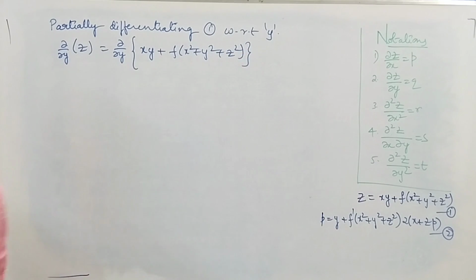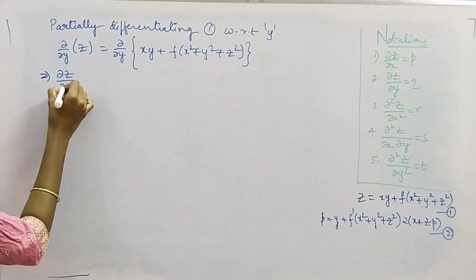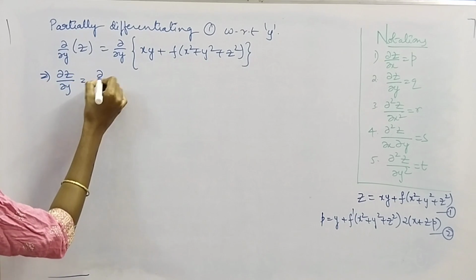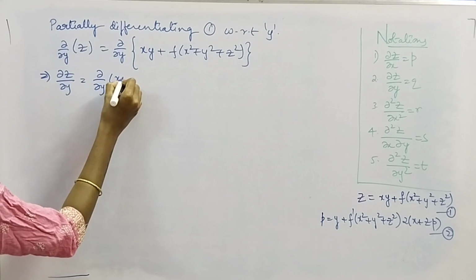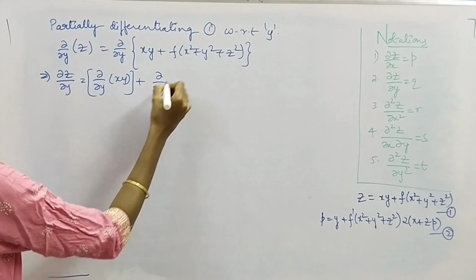Since we are partially differentiating with respect to y, we'll treat x as constant here. This gives us dou z by dou y equal to dou by dou y of the first term plus dou by dou y of the second term.